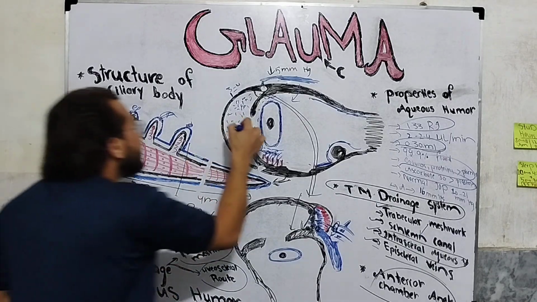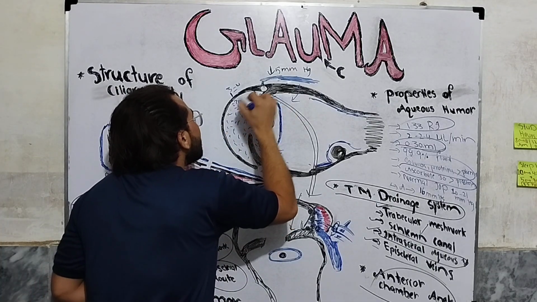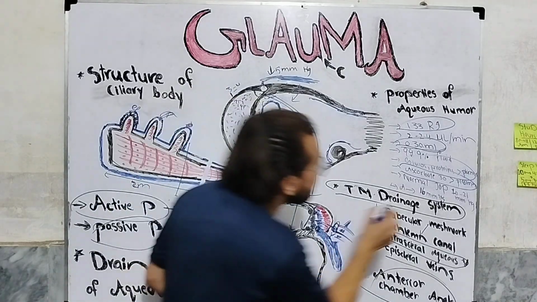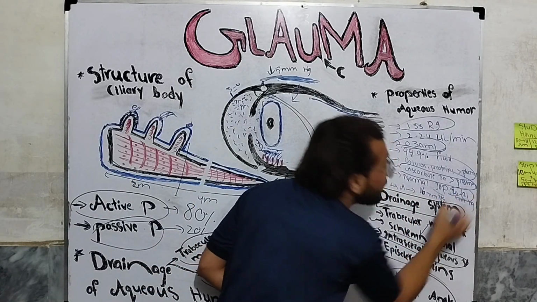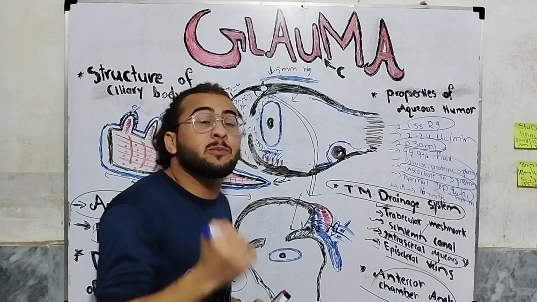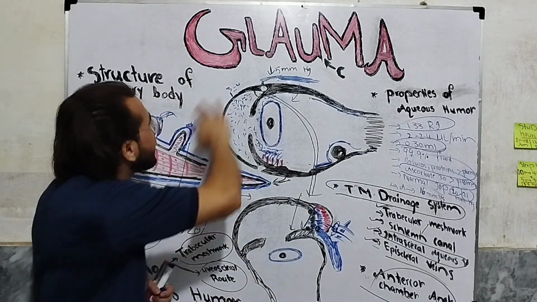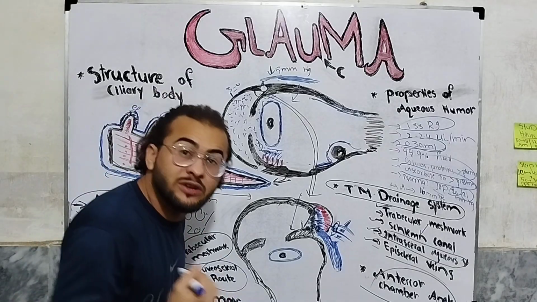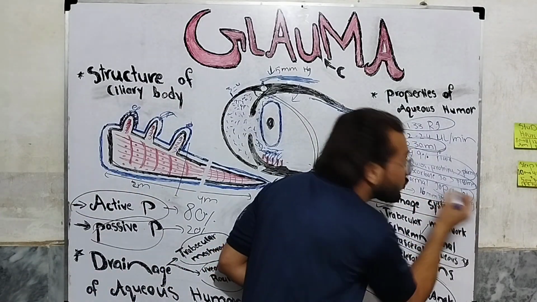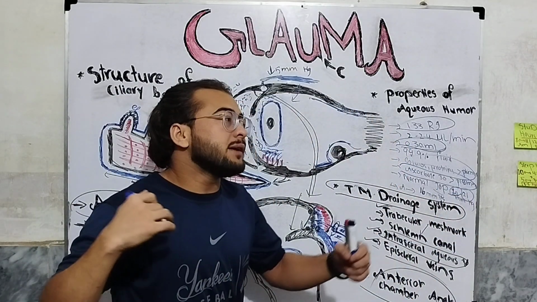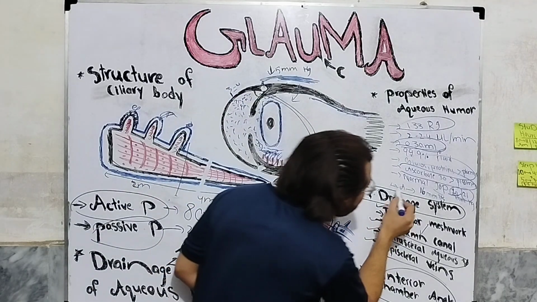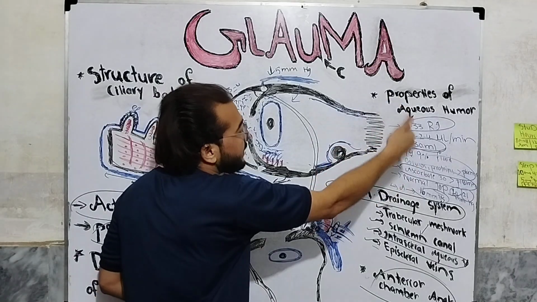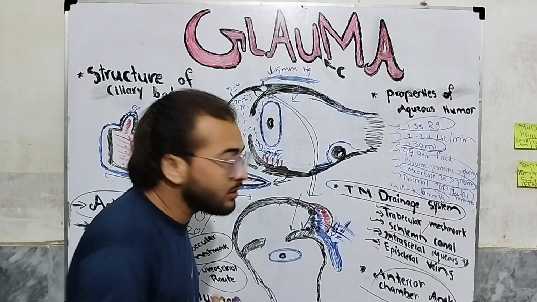And this aqueous humor maintains a normal pressure of about 10 to 21 millimeter of mercury. It is a normal pressure which is important for the normal corneal circumference, for the normal ocular structure and for the normal vision. So the average pressure becomes 16 millimeter of mercury, okay.